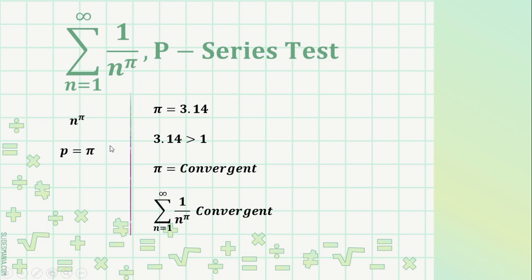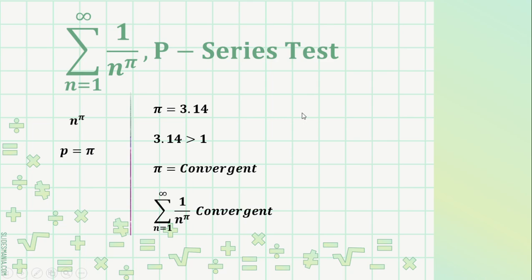We know that p is 3.14, and 3.14 is bigger than 1, so it means that it is convergent. And because of that, 1 over n to the power of p is convergent.